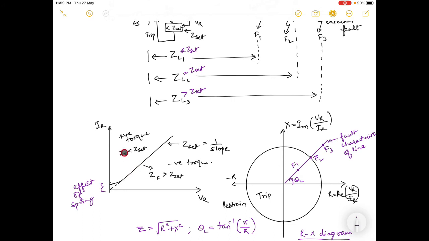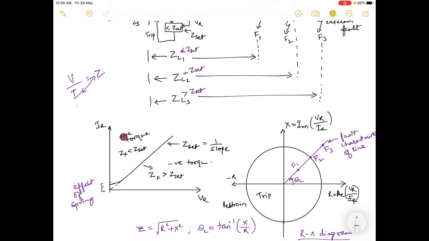Now if current is high, obviously Z is less. Current and impedance have an inverse relation. We know this from Ohm's law, V by I is Z. So this is in the numerator, this is in the denominator, so it is an inverse relation.